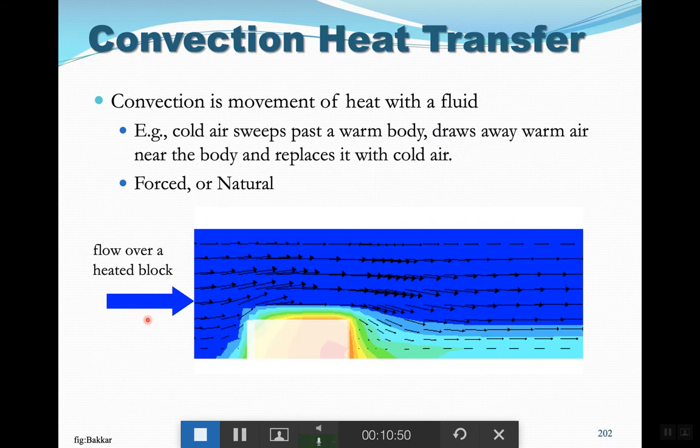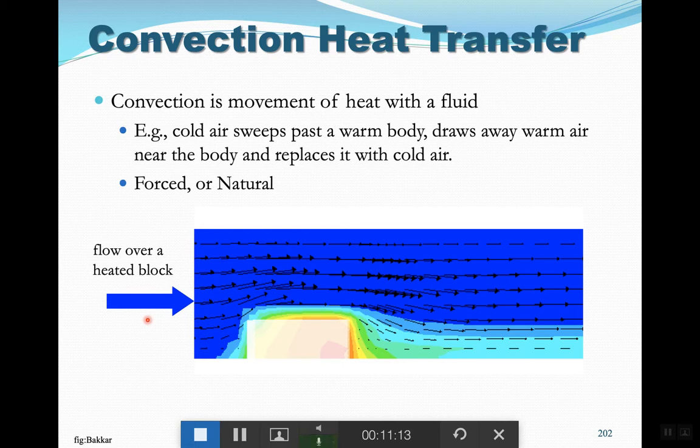Okay, now let's move on. The next one is convection heat transfer. In convection heat transfer, as we mentioned earlier, the heat is transferred through movement of fluid. So you need a moving fluid to transfer heat. For example, you see the example here.